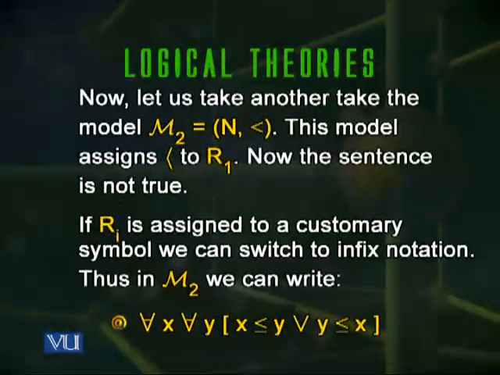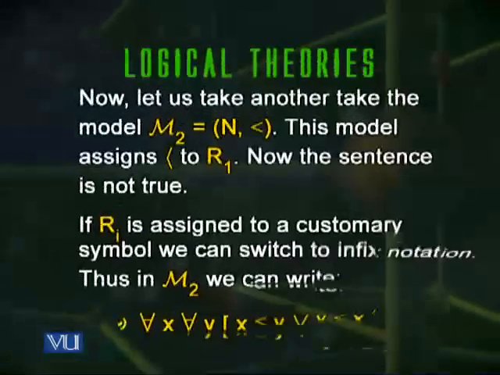Well, we can look at another model and see whether this sentence is true in that model. So let's look at the other model, M2, where the universe is once again the natural numbers. But now what we do is we assign R1 the relation strictly less than.